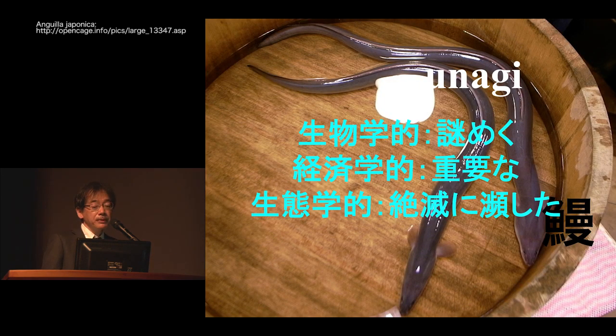And we really hope that our studies on unagi protein will contribute to the preservation of this biologically mysterious, economically significant and ecologically threatened fish species, unagi, in the future.